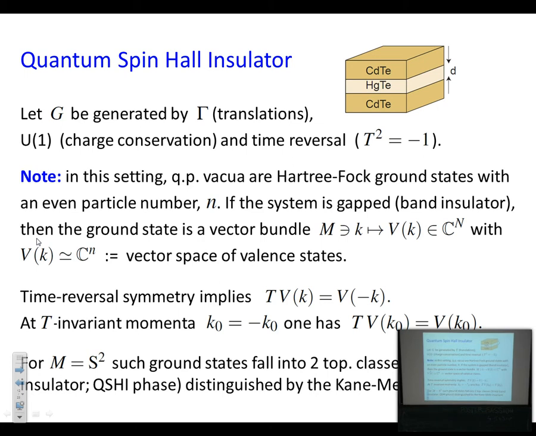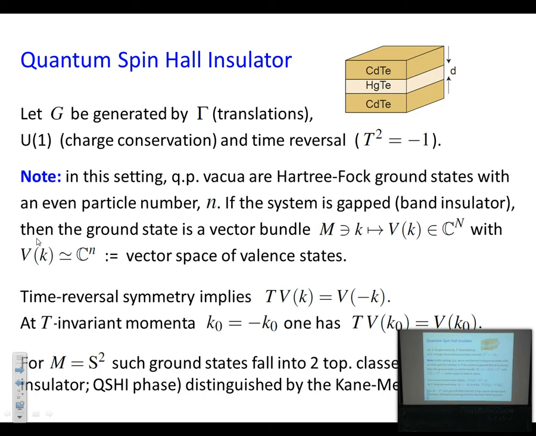At invariant momenta on a torus, this momentum inversion condition has more than 1 or even more than 2 solutions. It has twice as many solutions as the number of dimensions. So for time reversal invariant momenta, T has to stabilize this space.